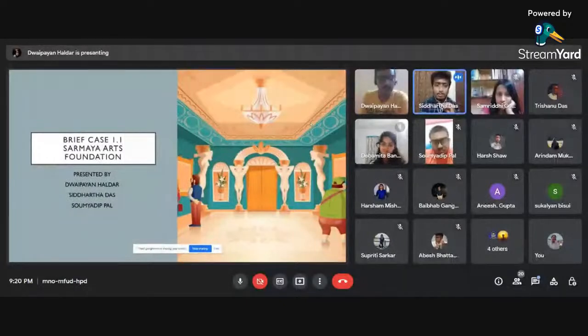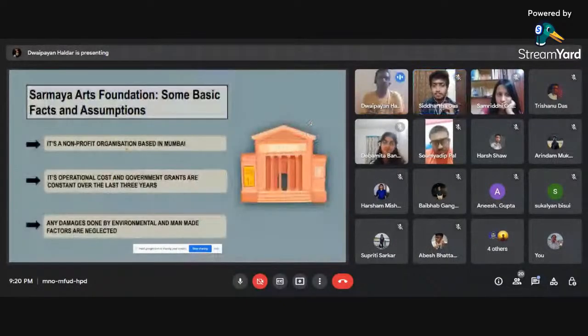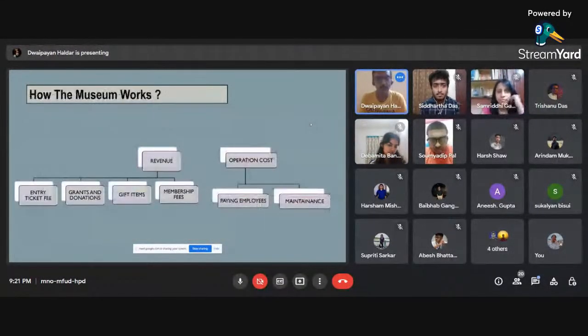Yes. So we are basically a non-profit organization based in Mumbai, and our operational cost and government grants have been constant since the last 3 years. You can ignore any environmental and man-made damage because those have not happened. Our revenue has been generated mainly from 4 places: the entry ticket fee, grants and donations, gift items, and membership fees.